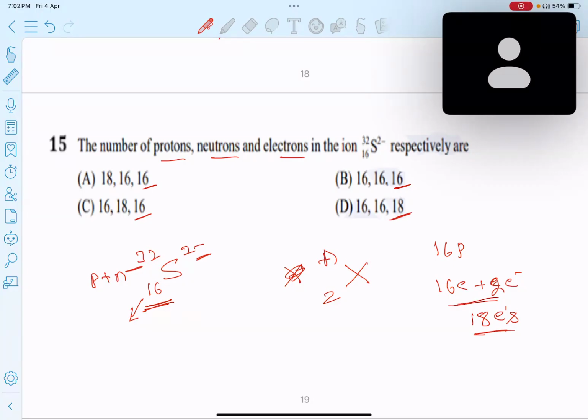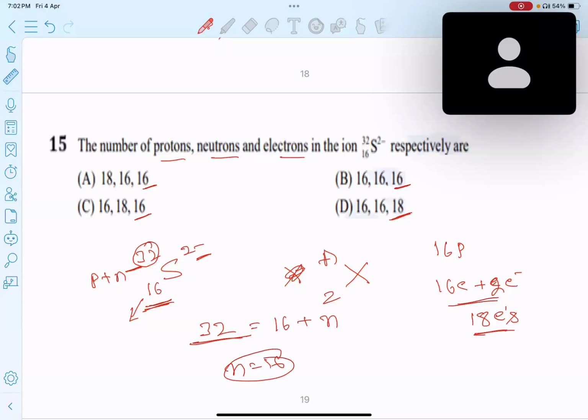Here the mass number is 32. It is the sum of the protons and the neutrons. The number of protons present in the species is 16. Calculate the number of neutrons, also 16.